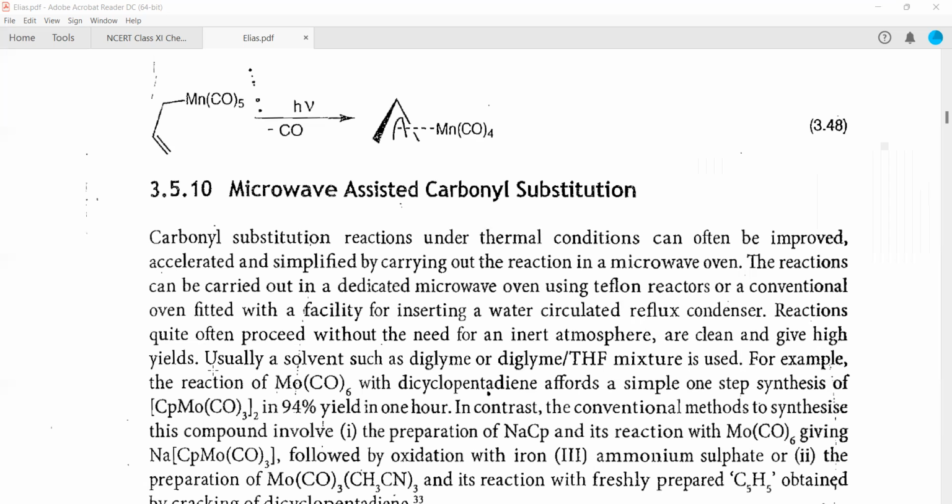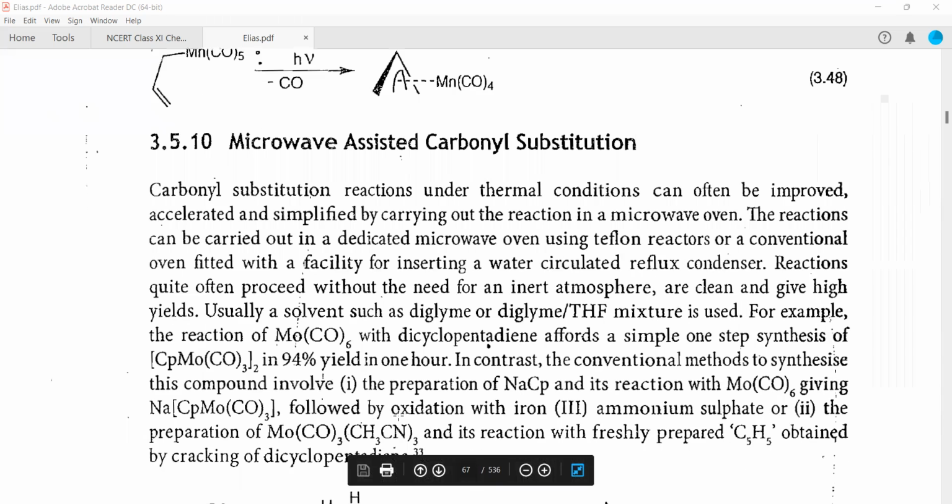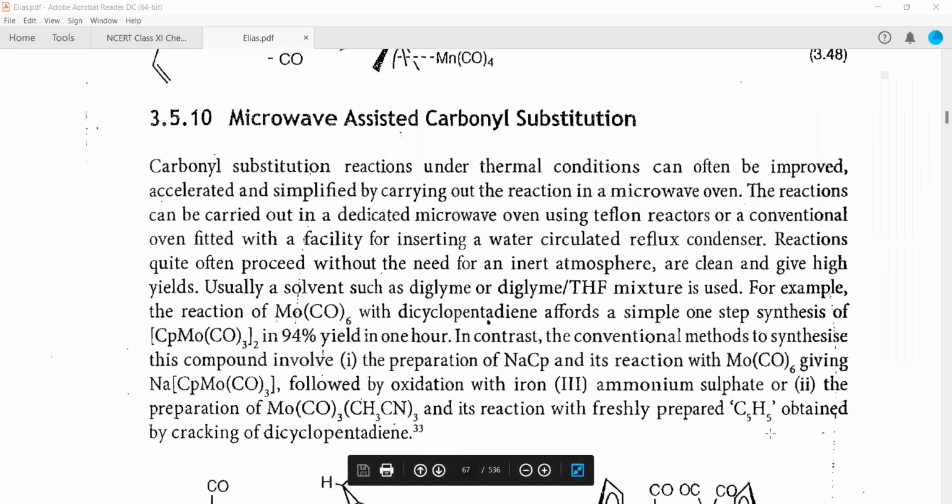In contrast, when you use conventional methods to synthesize the same compound, it involves first the preparation of sodium Cp and its reaction with Mo(CO)6, which gives this complex. After that, you need oxidation with iron(III) ammonium sulfate, or the preparation of Mo(CO)3(CH3CN)3 and its reaction with freshly prepared C5H5, obtained by cracking of dicyclopentadiene.